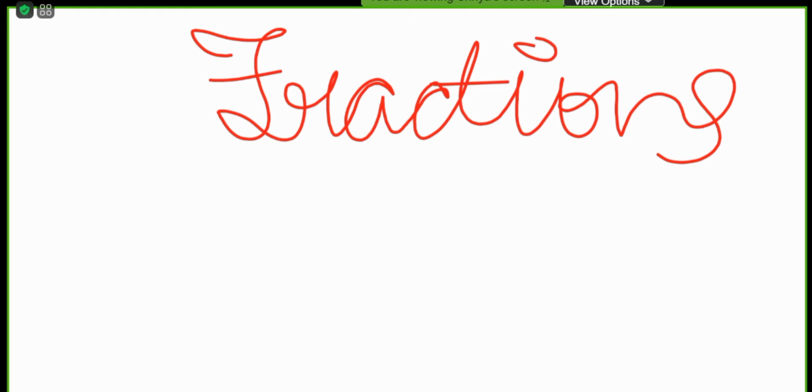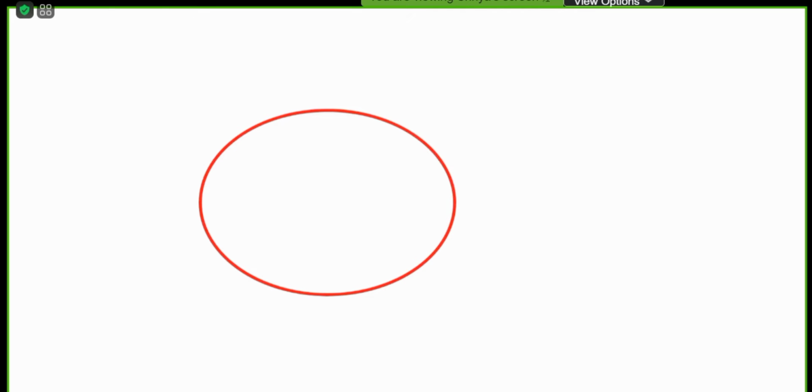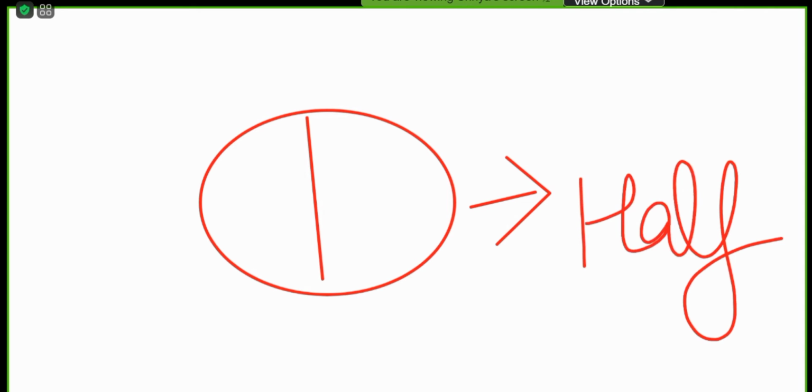So let's make a cake. I'm going to make a cake like a circle. Imagine that is a cake. If I divide the cake in the middle, it will be known as half of the cake, or we can say half.